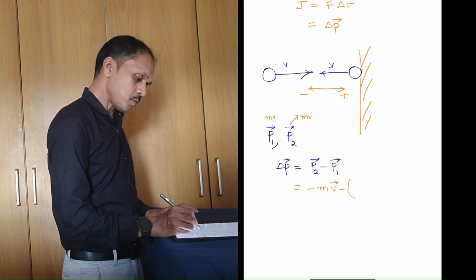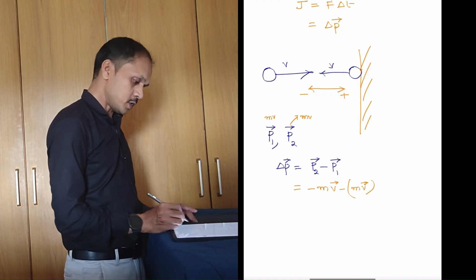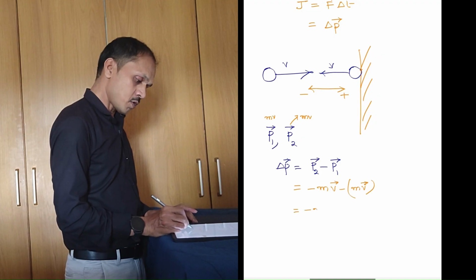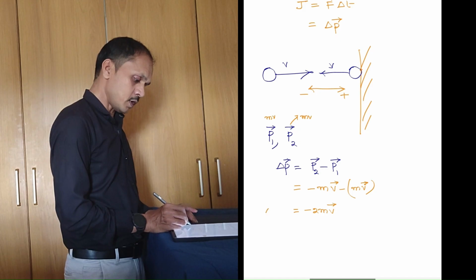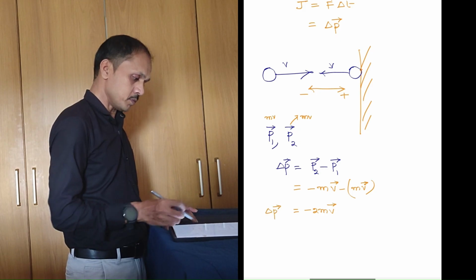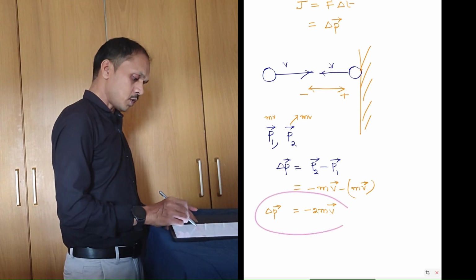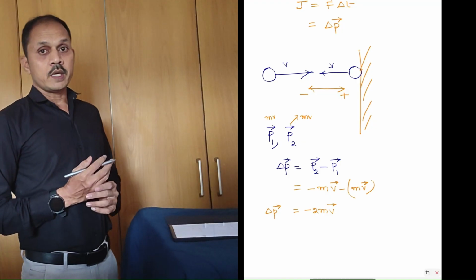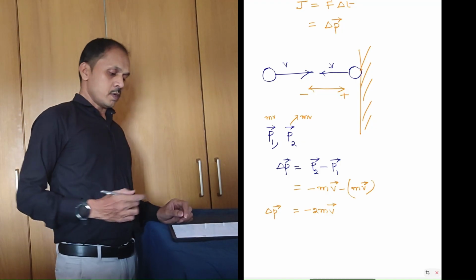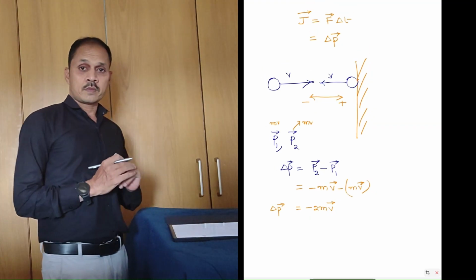Initial momentum is positive mv. So what is the total change in momentum? Minus 2mv. This is the change in momentum, and that also gives you the magnitude or the vector form of impulse, right? So this is how we find impulse.